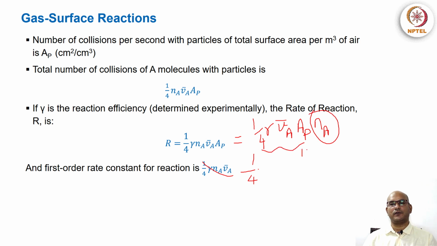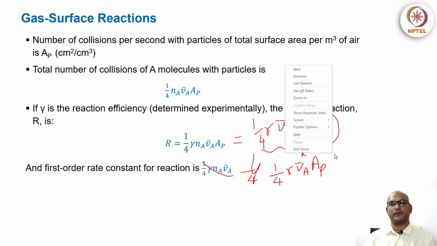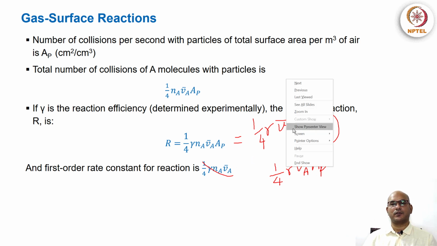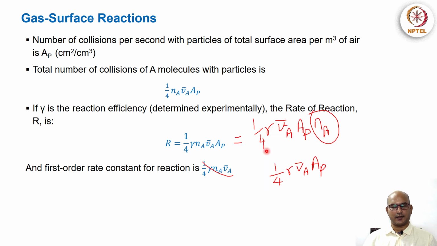So K, the rate constant for the reaction, would be 1/4 gamma VA bar multiplied by AP. So, this will be our rate constant for the reaction.